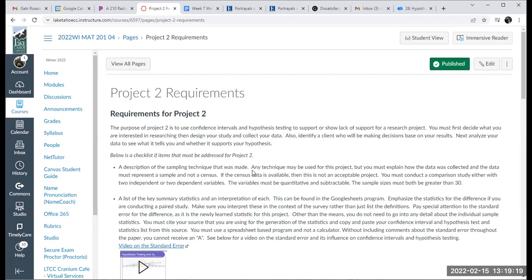So that's the first thing, that there's a group project, just like before. But this is not project 1. Project 1 emphasized the data collection. It emphasized the statistics and the charts. For project 2, you can briefly mention those things, but very briefly.